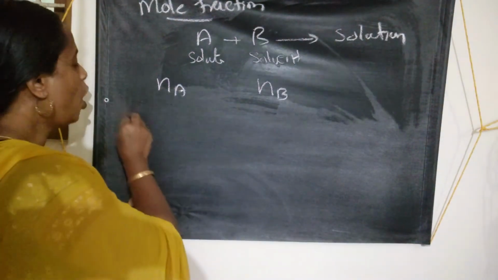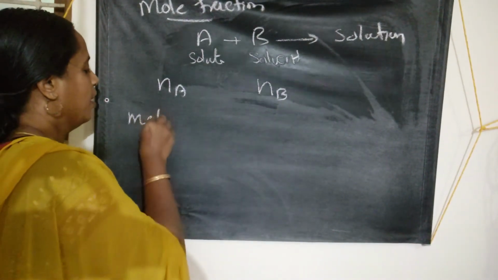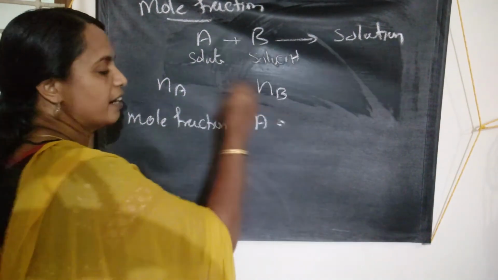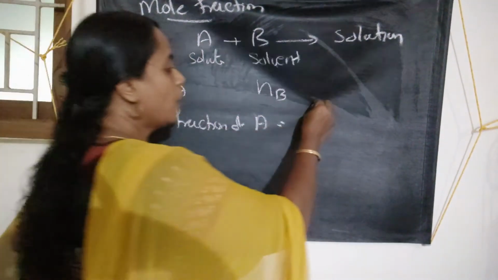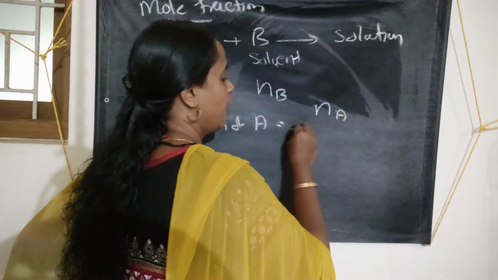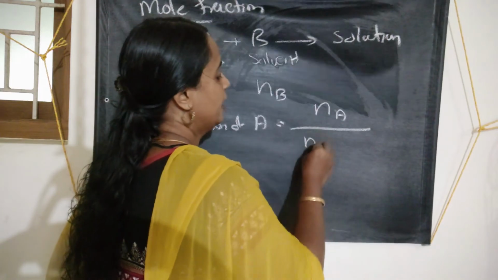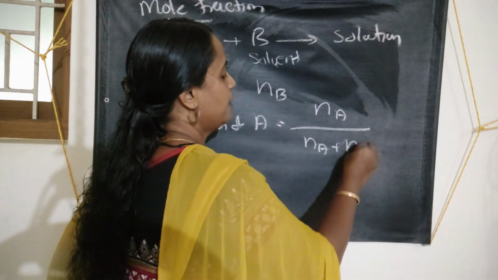Then the mole fraction of A can be written as the number of moles of A divided by the total number of moles, that is Na plus Nb.